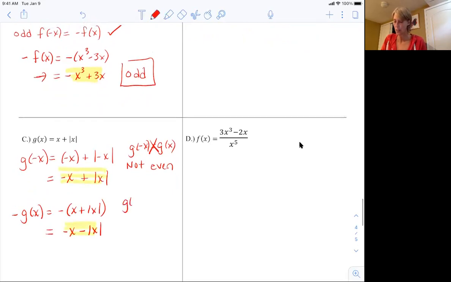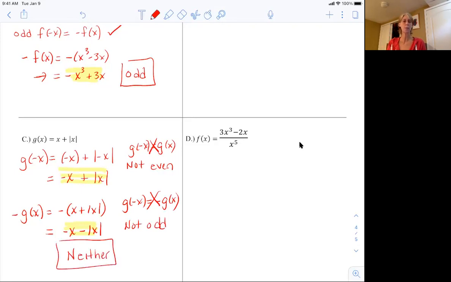Does g of negative x equal the negation of g of x? When I look at those, they are not the same. So it's not odd. So this function is neither. It's okay to get neither, don't get scared. A function doesn't necessarily have to be even or odd.